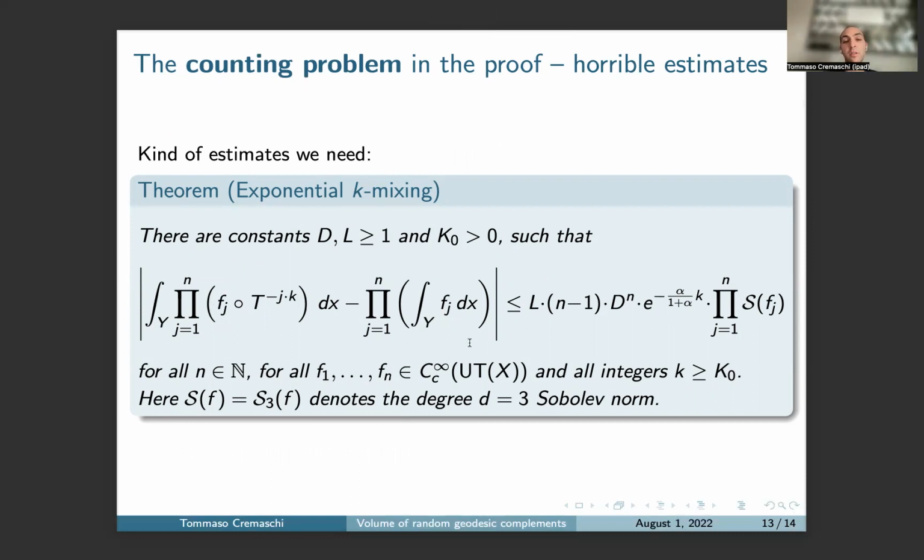And we need to get really good control. We know what these constants are, but mostly what we want to know is the growth rate in n, because of how many things we mix. And there's this exponential term, which is also explicit with alpha, and this is about the Sobolev norms of the functions that you consider.